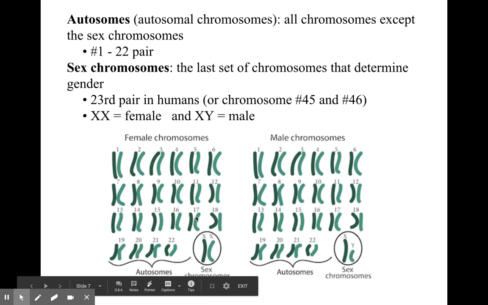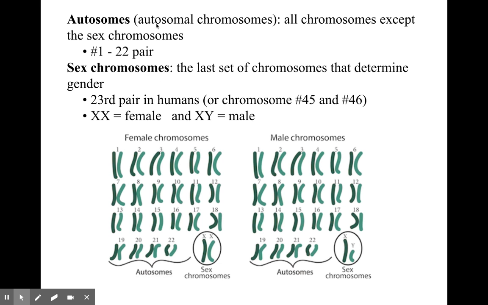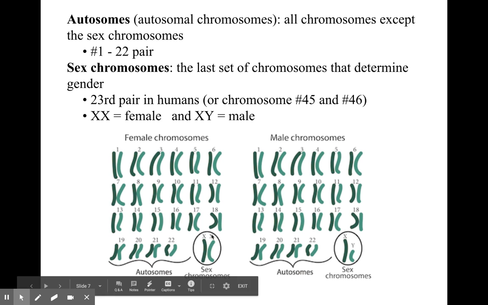And so you can see here, to be a female biologically, you would be XX. And to be a male biologically, your chromosomes would be XY. So that's what determines male and female, the sex chromosomes. All right, so we're going to be talking about autosomes and sex chromosomes. So you just have to remember the difference between the two as we move on through this unit.